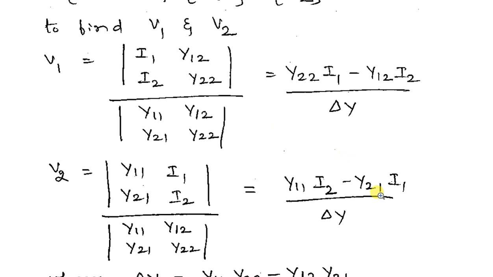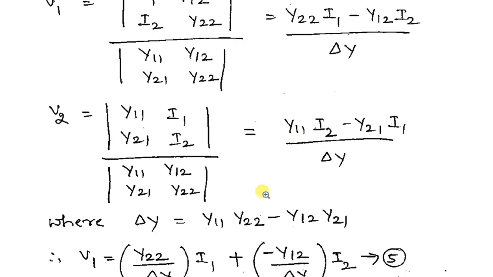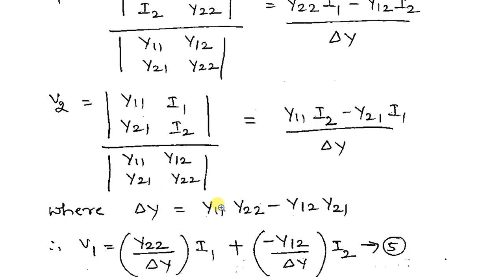Please observe here, I replaced the elements in the second column, so the first element is I2 here. So you have to write the I1 term first. Next, observe, it is rewritten once again, where delta y is the determinant y11 y22 minus y12 y21.